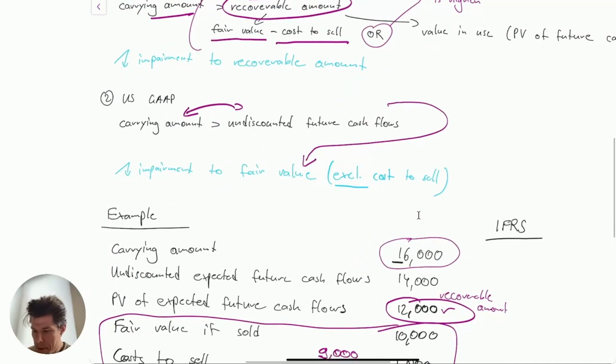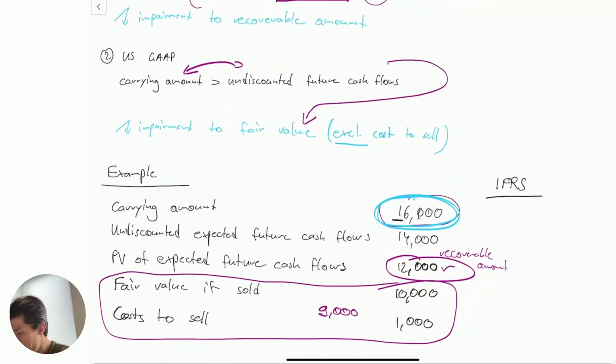Under US GAAP, you look again at your carrying amount, which is 16K, but you compare this one first with your undiscounted future cash flows. So you compare this with 14, and then you see, okay, your carrying amount is higher, means we need to do an impairment, or the asset is to be impaired.